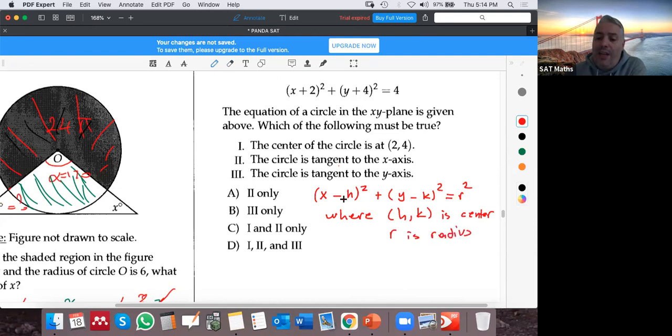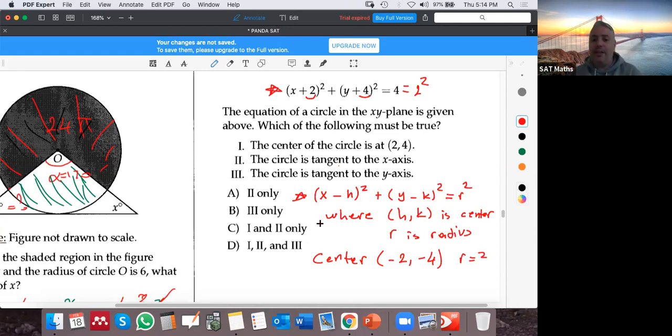So by looking at this information and the given one, we can say that the center coordinate is -2, -4, always opposite sign. Since negative h is 2, h is -2. Negative k is 4, so k is -4. And the radius squared is 4, meaning 2 to the power of 2, so radius is 2. Till here, do you have any question?